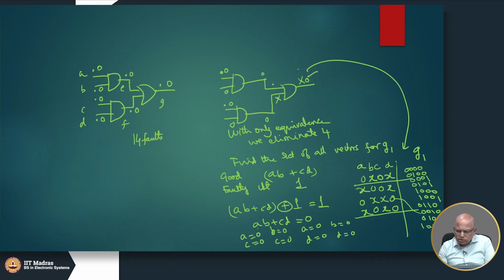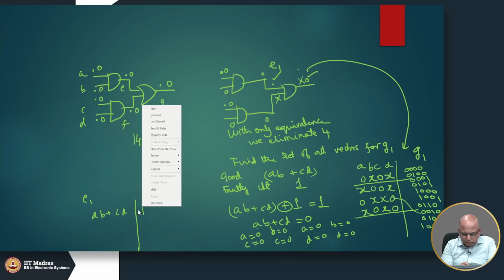Now, if you work backwards and see what tests E1 is going to need. Okay, let us look at E1. So, for E1, a good circuit will produce AB plus CD, a faulty circuit will produce a 1.